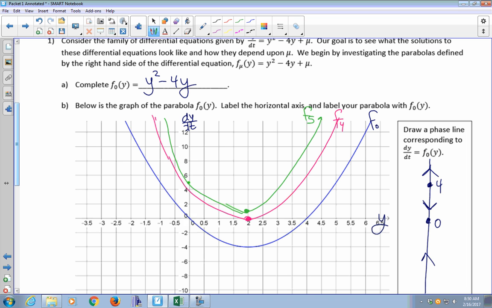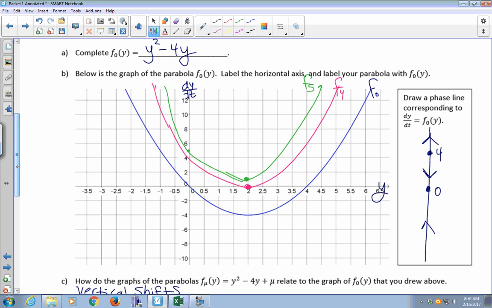All right, and then f sub 3, that means take your original f sub 0 and shift up 3. So it's going to go to right here. And then I do care where the x-intercepts are because that's going to tell me where my equilibrium points are. So if I have y squared minus 4y plus 3, where does that equal 0?